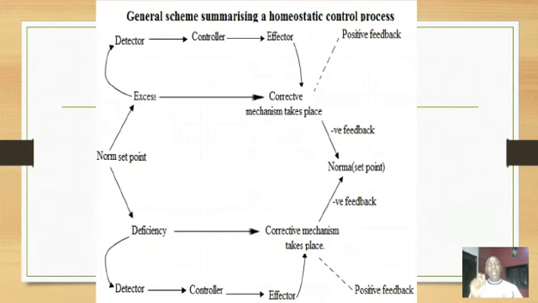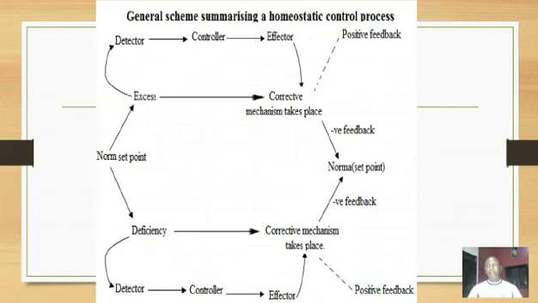Therefore, the effector now sets into action corrective mechanisms, which then lower that factor back to the norm or to the set point. By lowering it back to the norm, that is negative feedback.